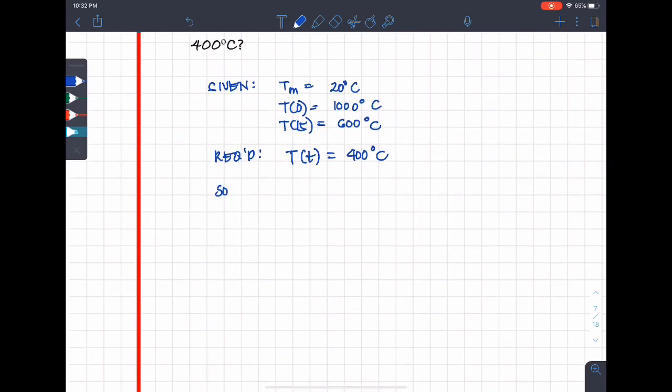For our solution, same, T minus Tm is equal to Ce^(kt). The temperature of the environment is 20, so T minus 20 equals Ce^(kt).